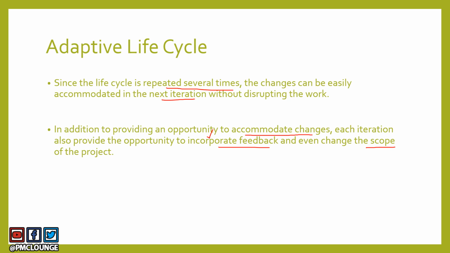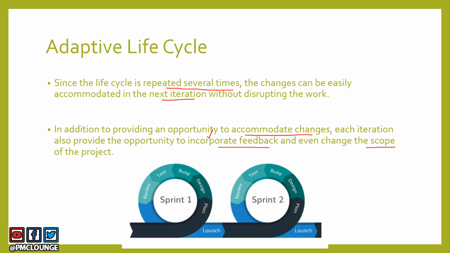You just planned for one or two iterations and you worked on it and you delivered a certain increment, a certain piece of the project, and the customer was able to tell you what he or she thinks of it. So this is how adaptive life cycle works.